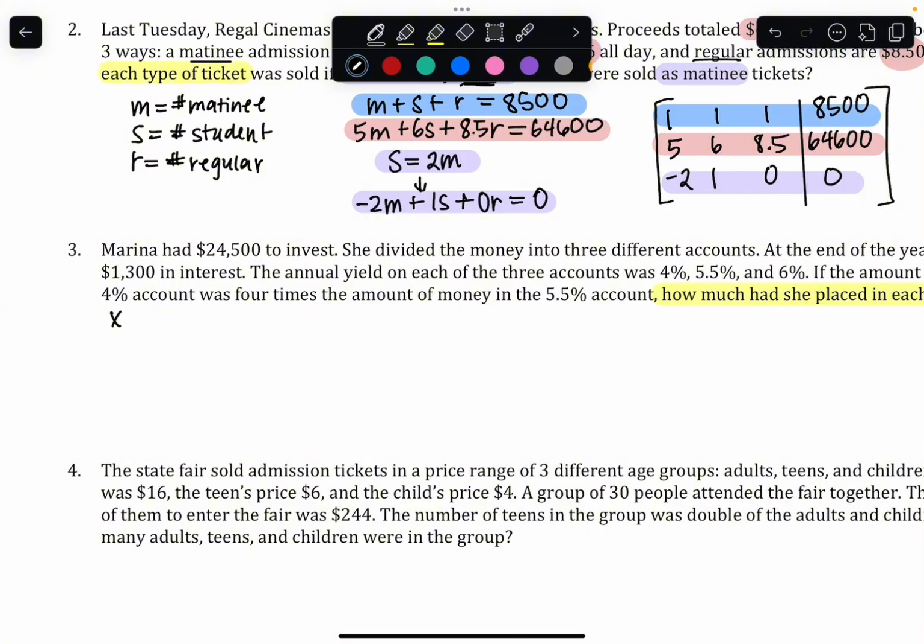Okay, and so I'm going to use X for the amount in the 4% account. I'm going to use Y for the amount in the 5.5% account.